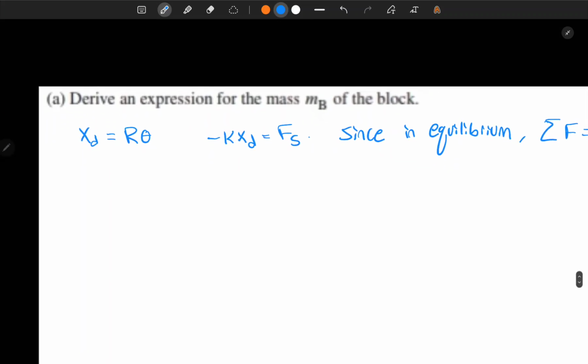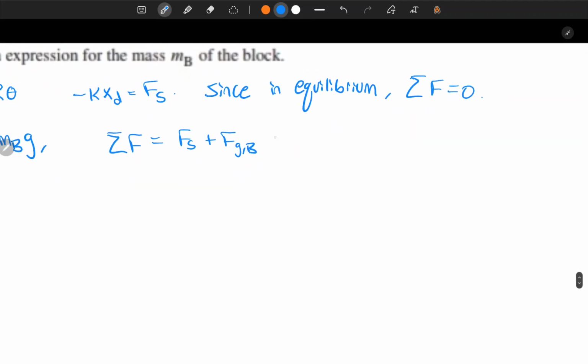So, the force due to gravity on the block is equal to m_B g, that is, the mass of the block times the acceleration due to gravity, g. These forces should sum to 0. So, we say that the sum over all the forces is equal to the spring force F_s plus the force due to gravity by the block, and this is equal to 0.